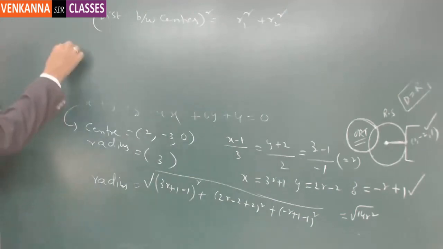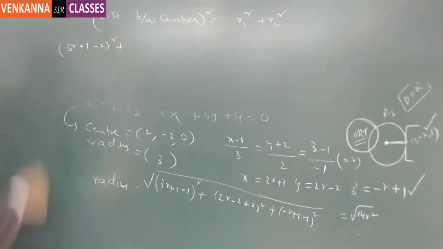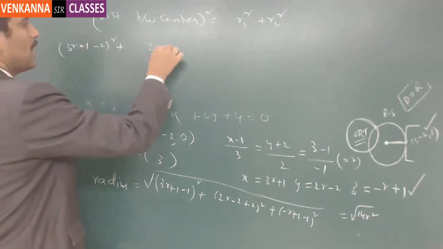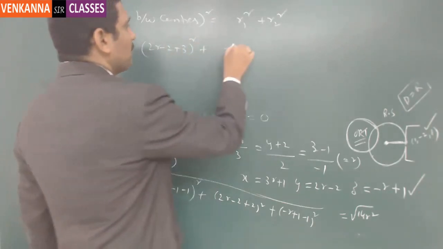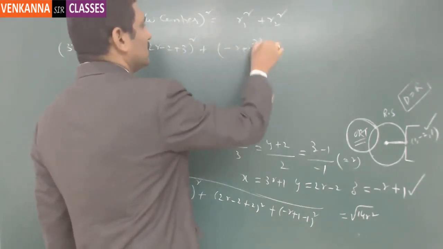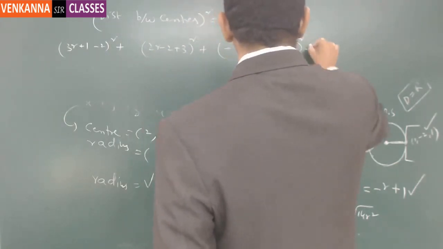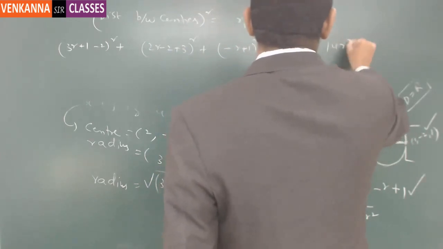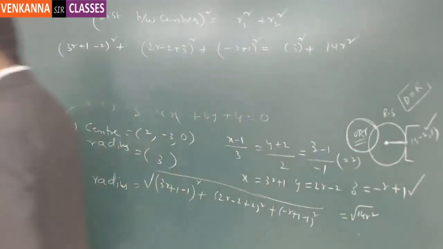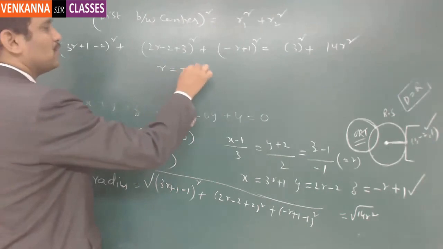So you have (3r plus 1 minus 2) whole square plus (2r minus 2 plus 3) whole square plus (minus r plus 1) whole square is equal to, here radius square is 9, that means 3 whole square, here it is nothing but 14 r square. So simplifying which, it will give us r is equal to minus 3 by 2.